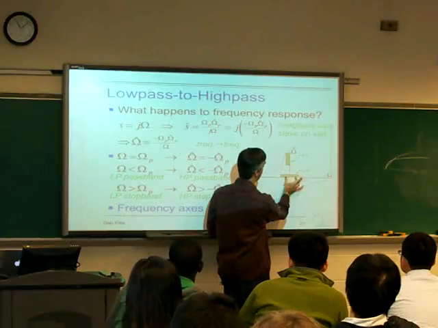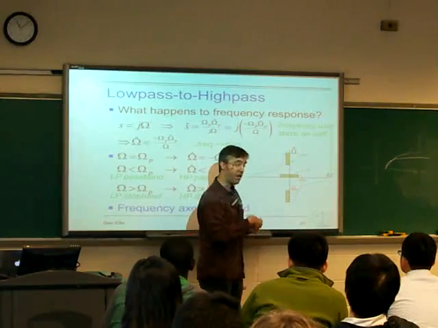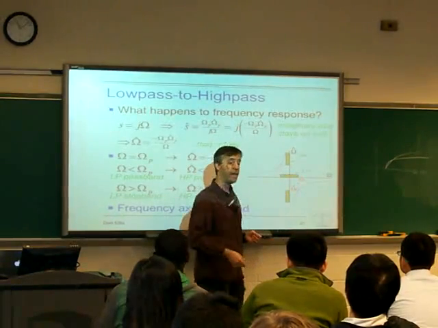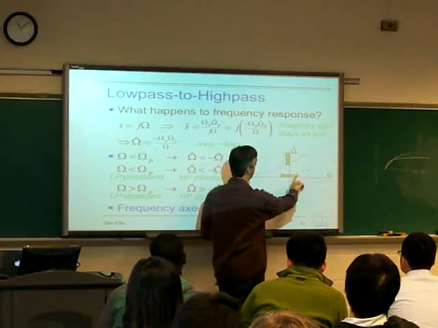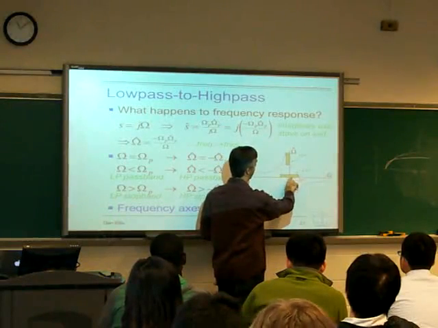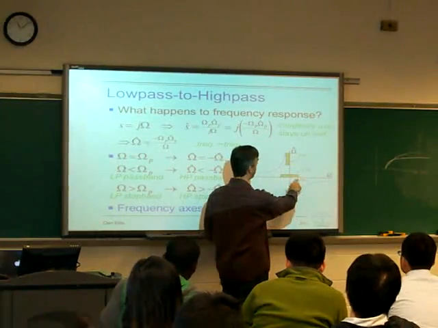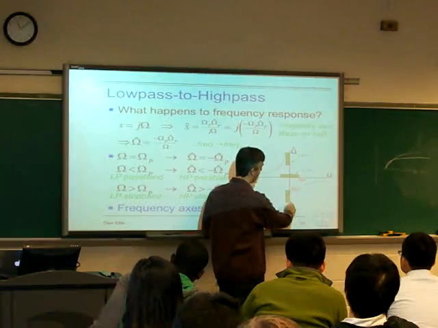Here are the values of omega for which our low-pass prototype had large gain, right? This is the pass band in the original filter. And so all these values of omega are going to be frequencies where the gain is large. They all map to these points out here, right?